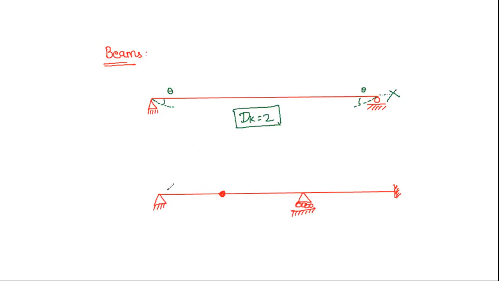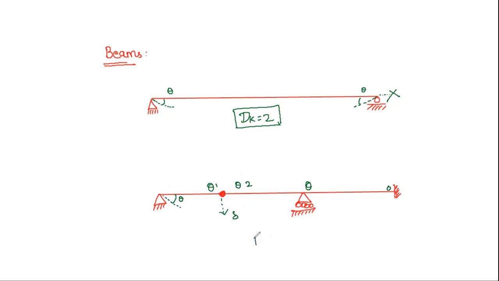Similarly, for this beam, there is a possibility of theta here. As an internal hinge is provided, there will be theta 1 and theta 2, and there will be a deflection along this point which is not in the axial direction, so del. Here there will be 1 theta, and here there is no possible displacement as it is a fixed support.